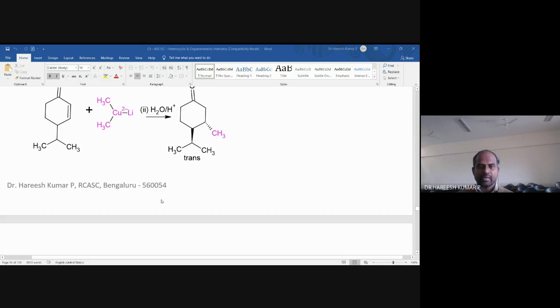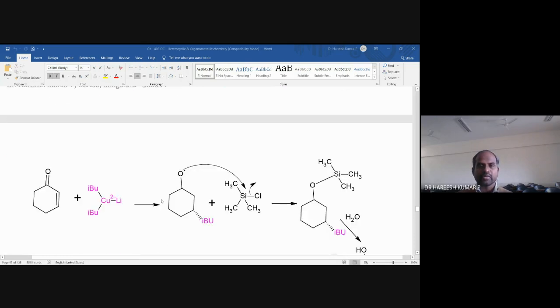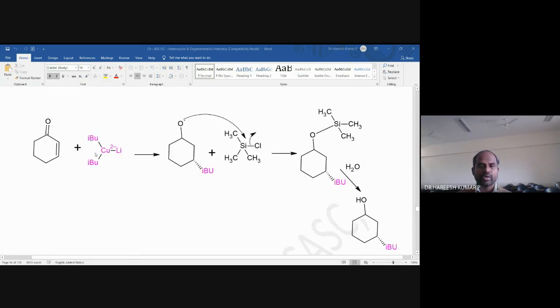I will go to the next one. Look here, I am taking an isobutyl group. Diisobutyl copper lithium will act as a source of isobutyl that will attack this carbon. This bond pair can go over here, and this bond pair will sit on this oxygen.